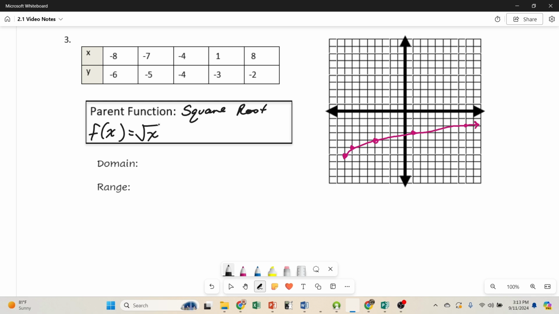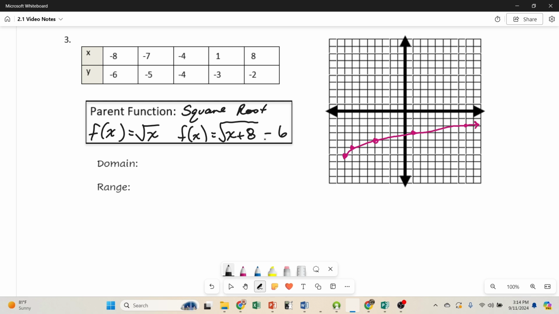All right, this actual function, and we're going to learn how to do this later, on how to transform these, translate actually. So actually this function looks like this. f of x equals the square root of x plus 8, and then minus 6 outside of the root.